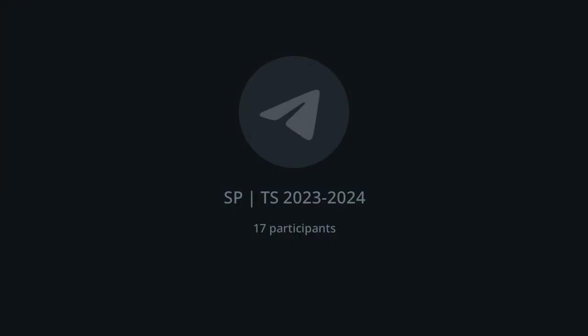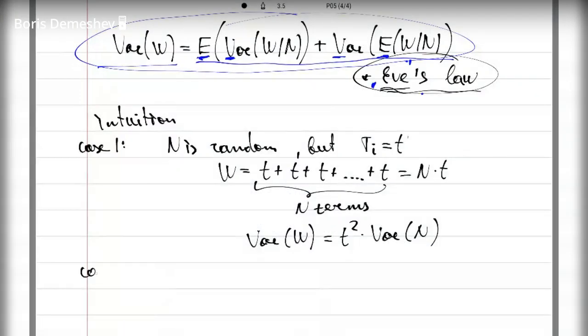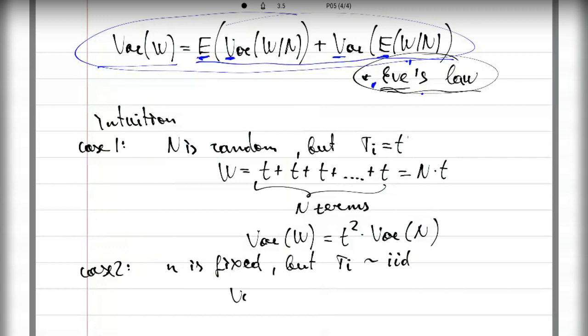And on the other extreme, case 2: N is fixed, but Ti are IID. And in this case, the variance of W is the variance of an ordinary sum with a non-random number of terms.